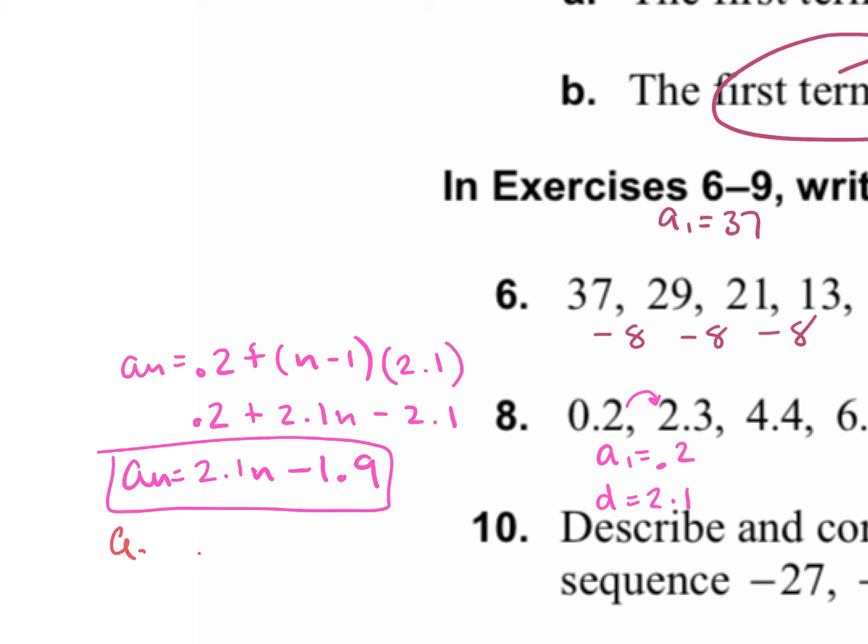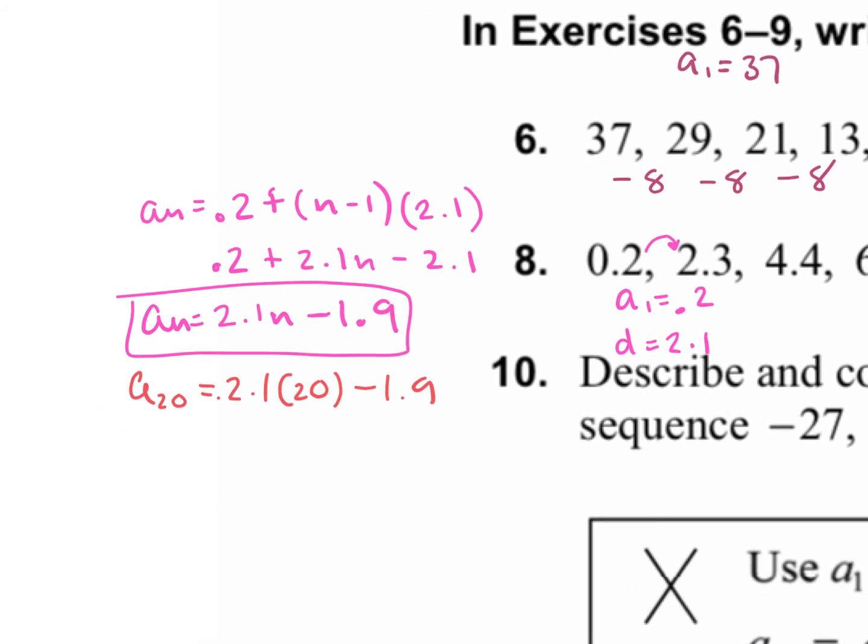Plug in 20 for n. So 2.1 times 20 minus 1.9. We get a sub 20 is 40.1.